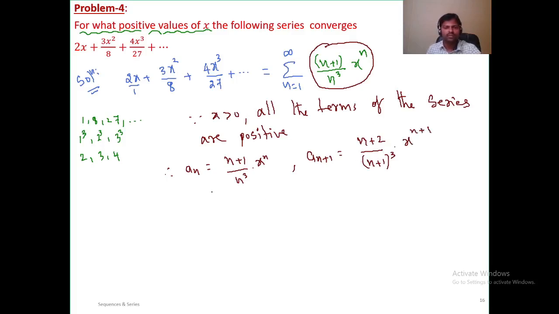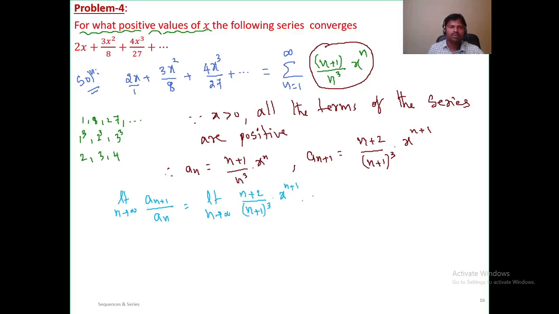And then you apply the limit of the ratio. So limit n tends to infinity, an plus 1 divided by an. This value I want. So limit n tends to infinity, an plus 1 value, n plus 2 upon n plus 1 whole cube into x raised n plus 1, divided by this term.